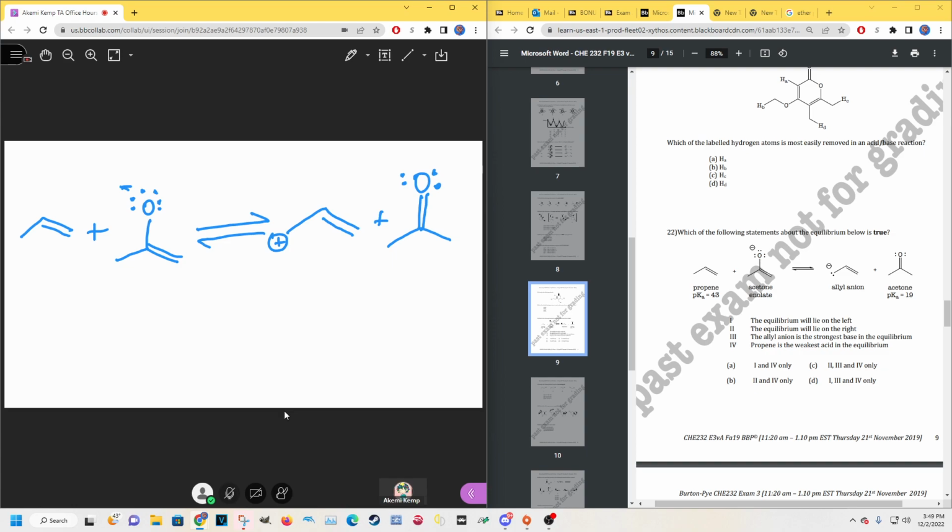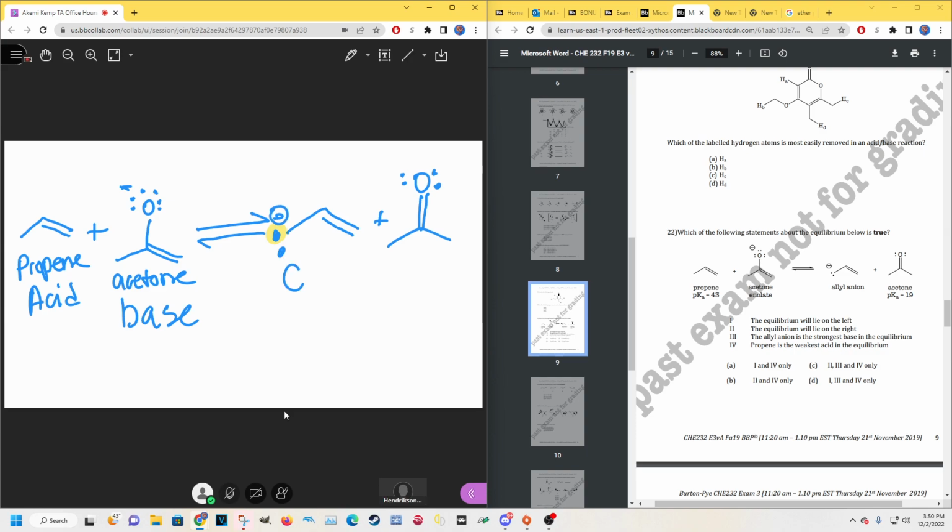Looking at it, I see your propene in the beginning acted as your acid, and then this acetone acted as your base. This is negative because you end up with lone pairs here.